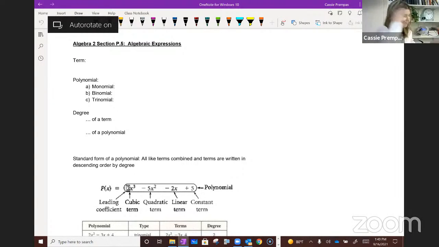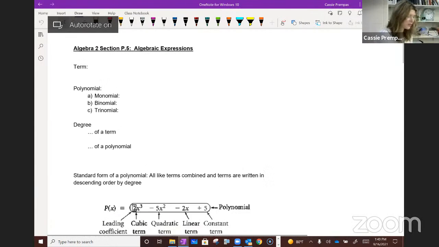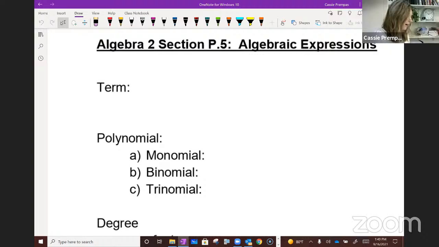Okay. And now you need to know these terms. Every polynomial has what are called terms. A term is a constant, a variable, or the multiplication of constants and variables. So go ahead and write it down.